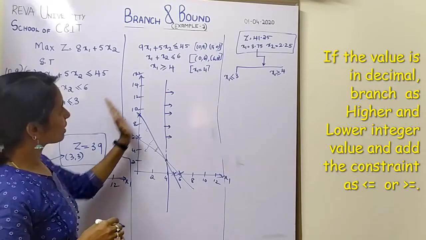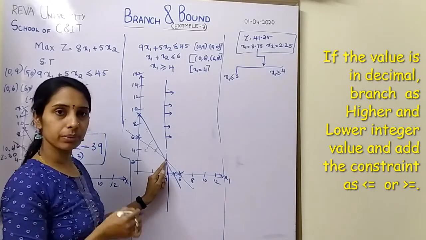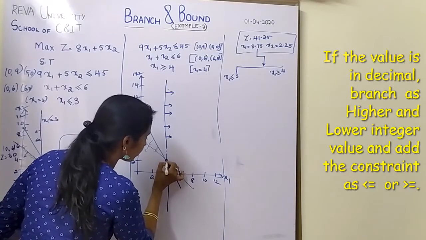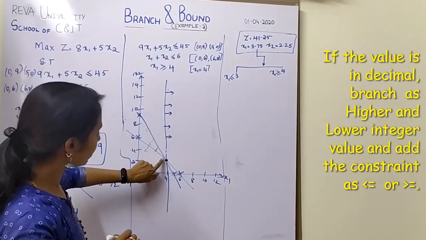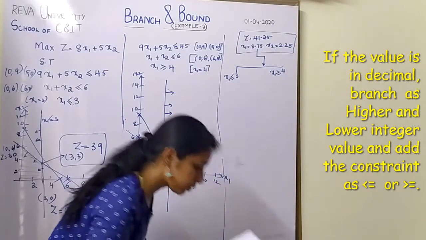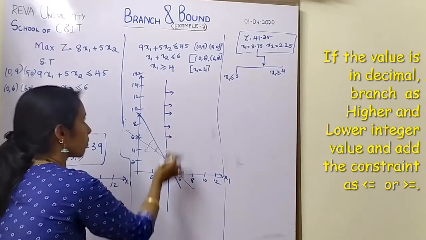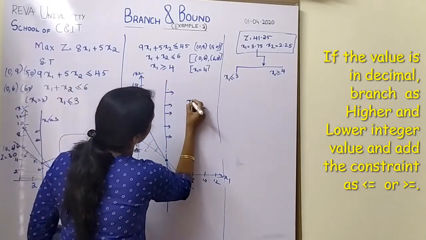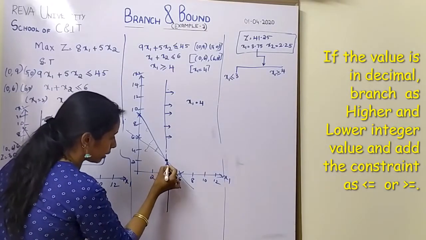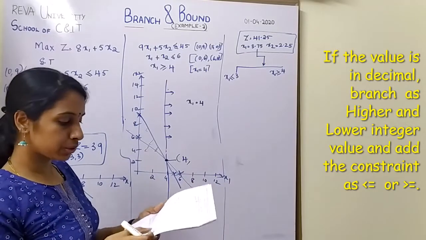Now let us consider the second part here. We have got only this intersecting point, so we have to consider this point. What is the value of this point? One line is this one, x1 is equal to 4. So it is very clear that the x1 value is 4. What is the x2 value?